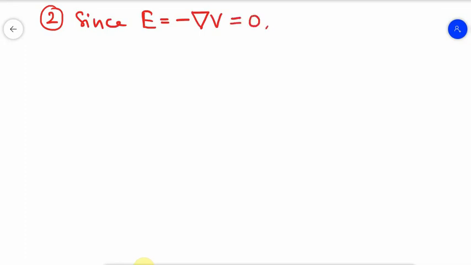The second conclusion is, since E equals minus del V, and the electric field is 0, minus del V is also 0. What does it signify? That there can be no potential difference between any 2 points in the conductor.